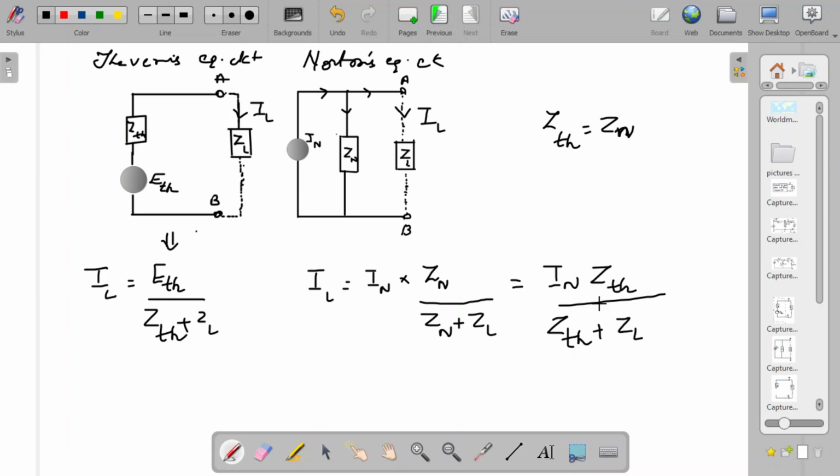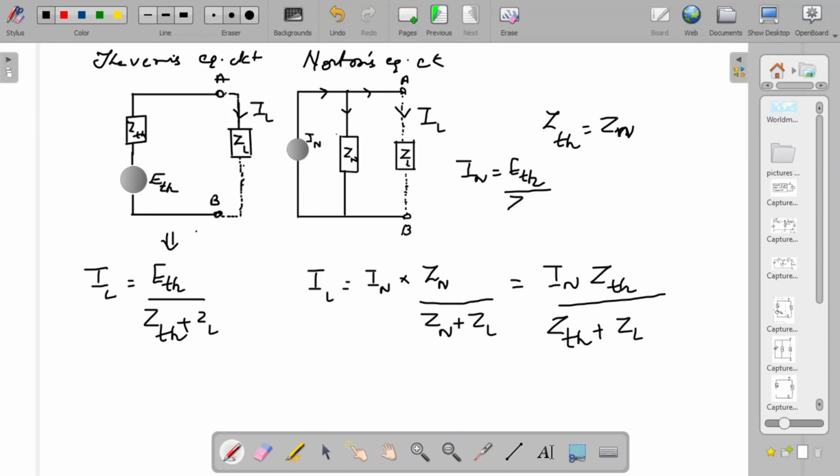Okay. Then one more thing. You know that in this part here you have ETH and then in series with ZTH. So what will be actually this IN? IN should obviously be the Thevenin's voltage divided by the impedance, and that will be the actual source here, right? So IN is actually the current flowing from the generator, and I can say this current IN will be obviously equal to this ETH divided by this ZTH.